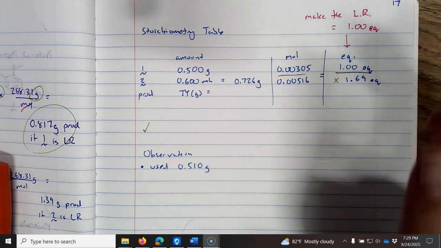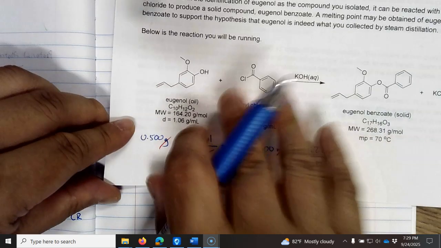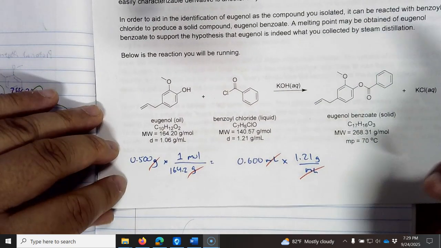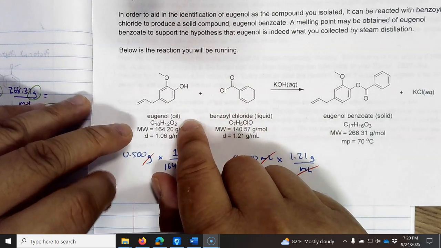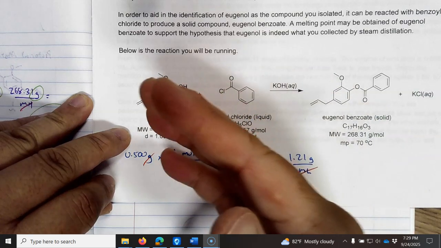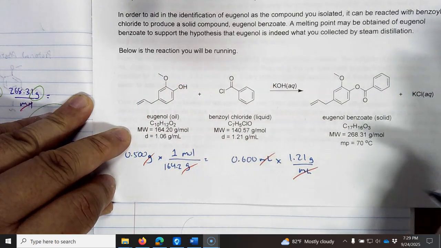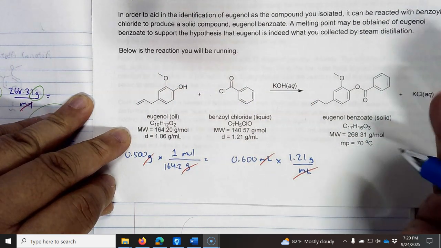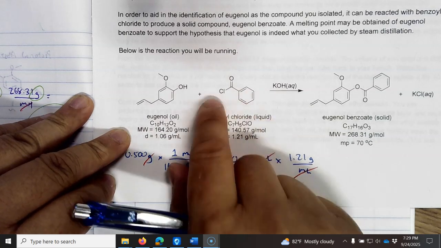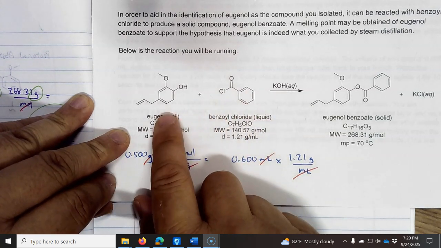Now, the question that some of you might have is, well, I thought this was a 1-to-1 ratio. Yes, according to the equation it is, but in practice, many times you want one of them to be in excess because that excess material is easier to purify out. And we want to make sure we get as high a yield as possible by ensuring that we have enough reagent to use up one of the other reagents.